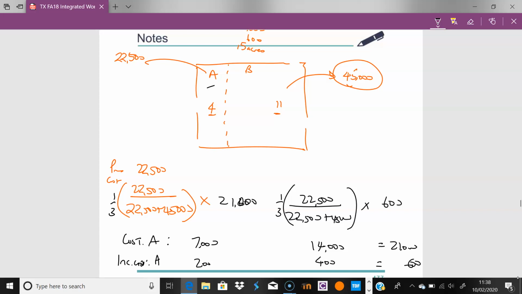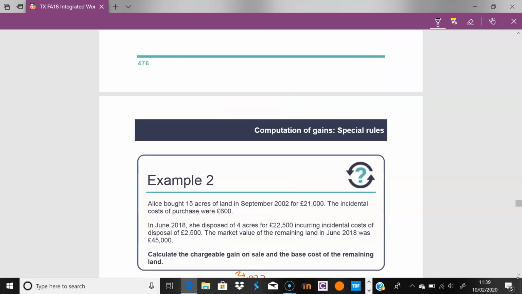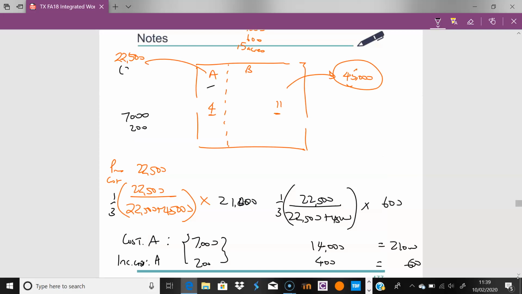Now I have the cost, and I can apply that cost here. Now I can find out what the gain is. On the selling of this bit of land, they tell us you had to pay disposal incidental costs of 2,500. So you deduct the 2,500 from here, which gives you 20,000, and then you take off this 7,200 to get the gain.